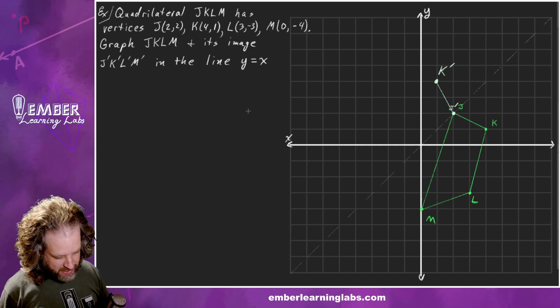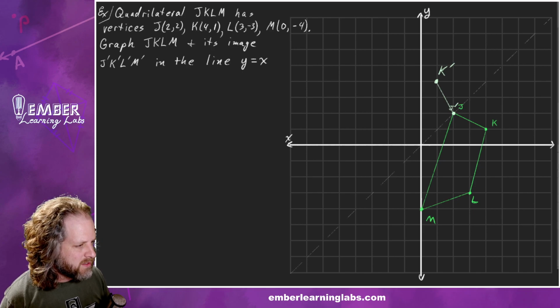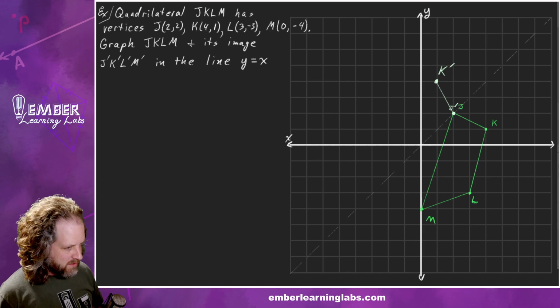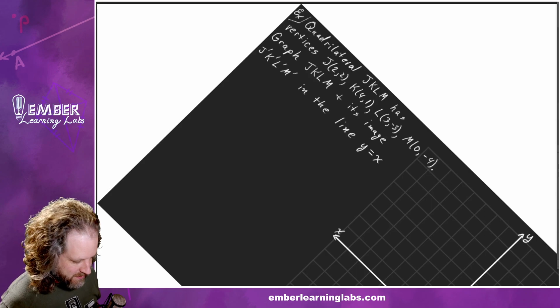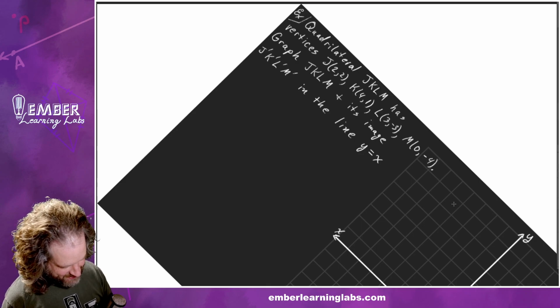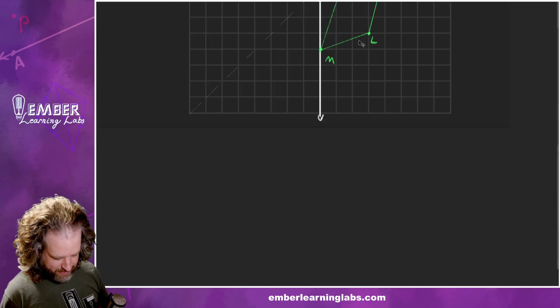If I take, edit, image rotation, I want 45 degrees. And I look at it sideways, except that's the wrong way. Let me undo.